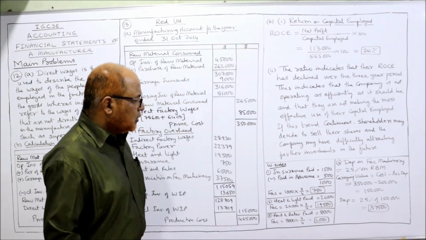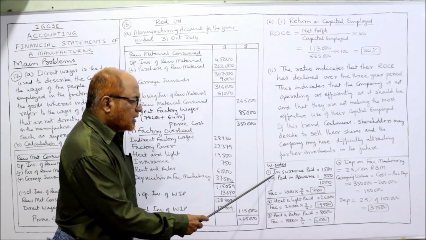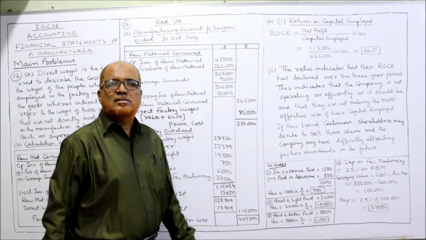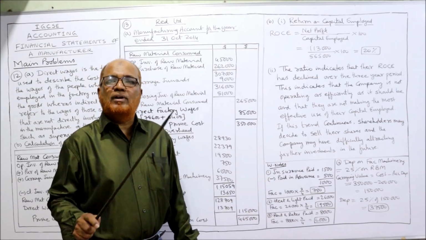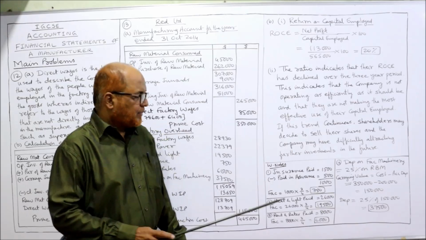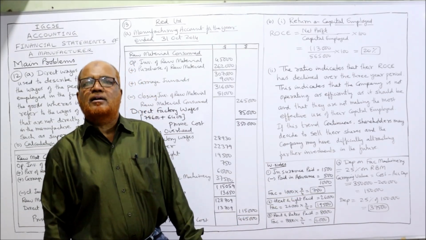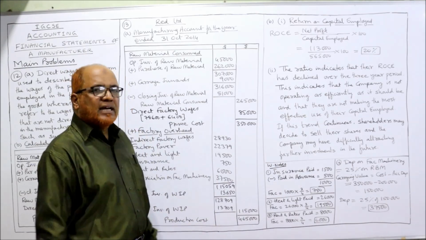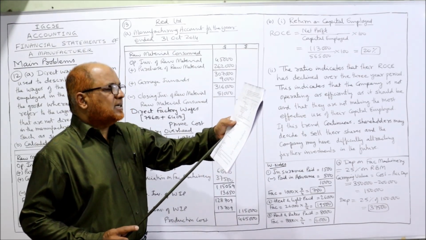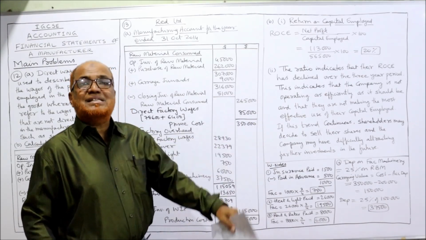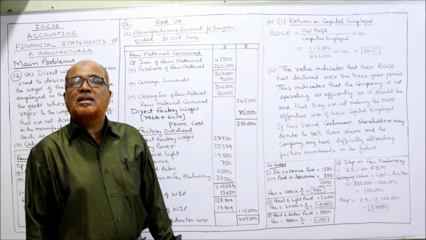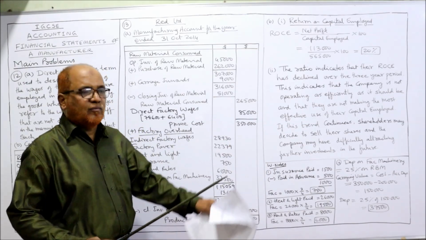So in working note you can see insurance. 1000 is the insurance, but 3/4 will be applied to factory. So factory 1000 into 3/4, 750 only will take. Similarly, heat and light. The heat and light given in the problem is 26,000. Again, 3/4 will be allocated to factory.